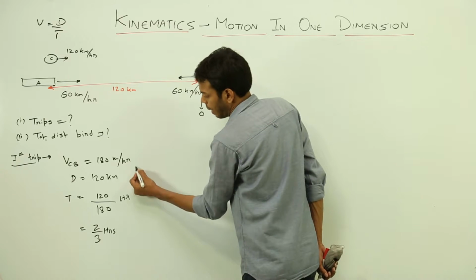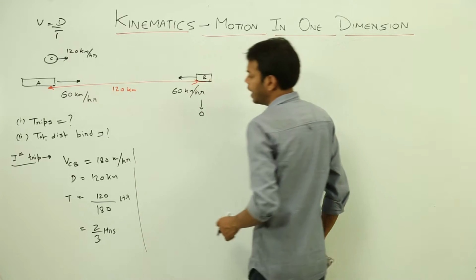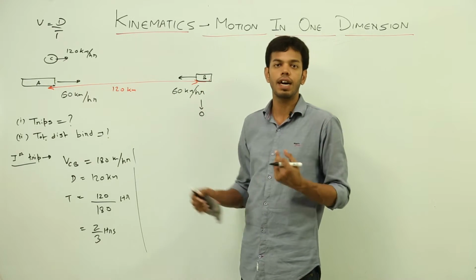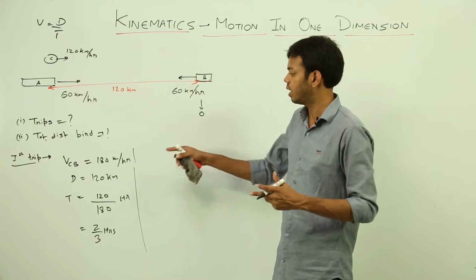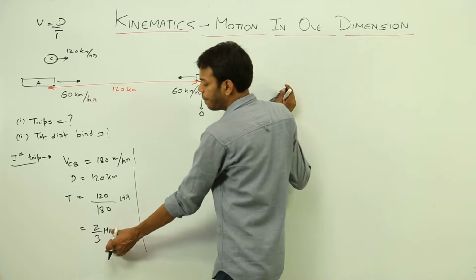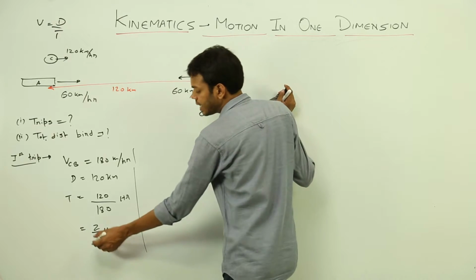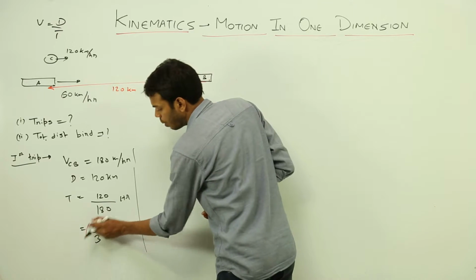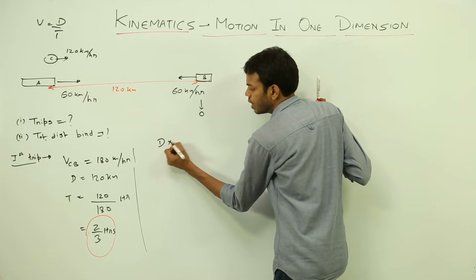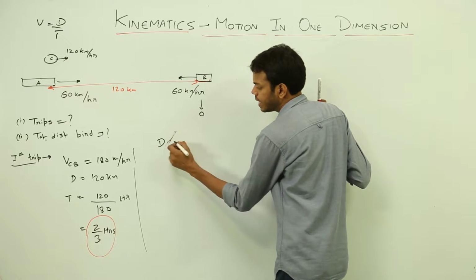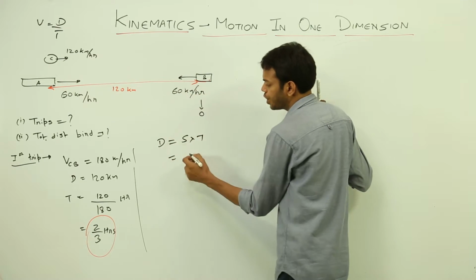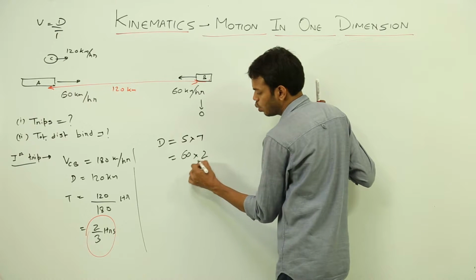Number two, before I go towards the second trip, should we calculate what distance these trains covered before this bird C reaches train B? The time taken by the bird is 2/3 hours. That means this is the time in which both the trains have already traveled some distance. Distance is equal to speed into time. Speed of each train is 60, and the time is 2/3 hours.